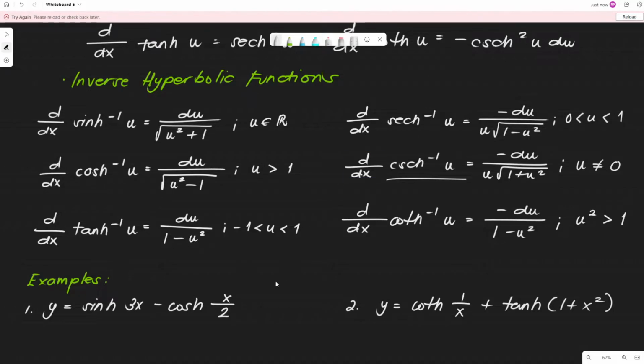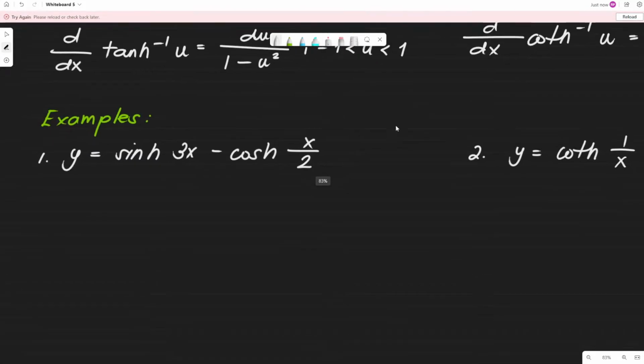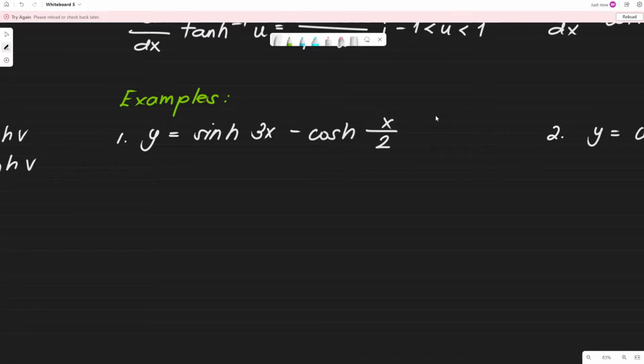Okay, so let's try. So we have here our first example, y is equal to hyperbolic sine 3x minus hyperbolic cosine x over 2. So we're asked to find what is the derivative, of course, in respect to x. Now, d over dx. So we have our y prime is equal to, what is the derivative of hyperbolic sine u?